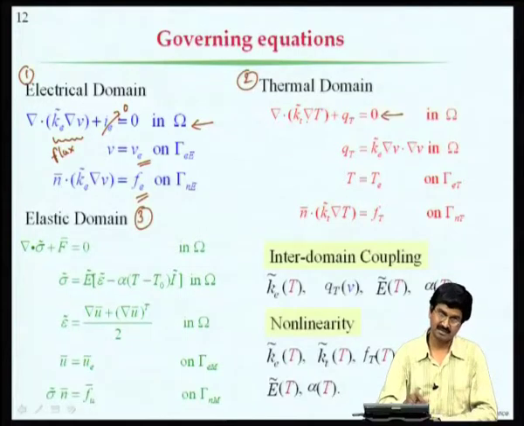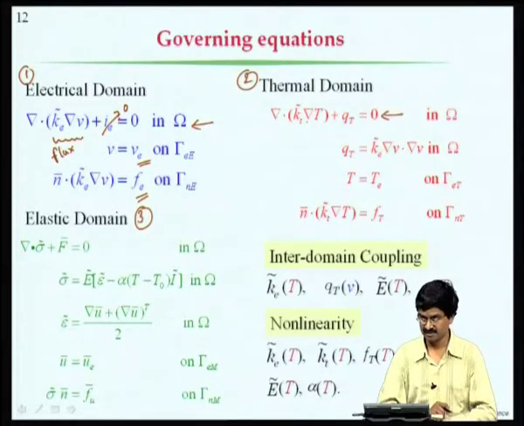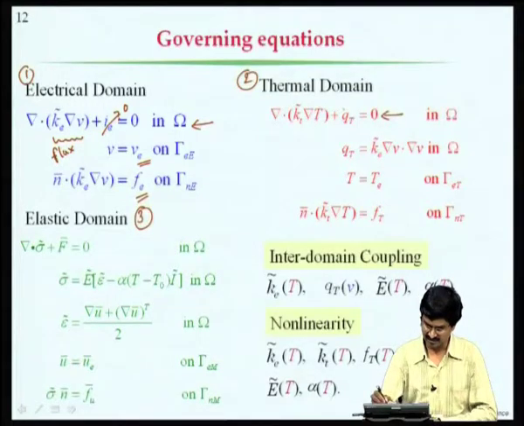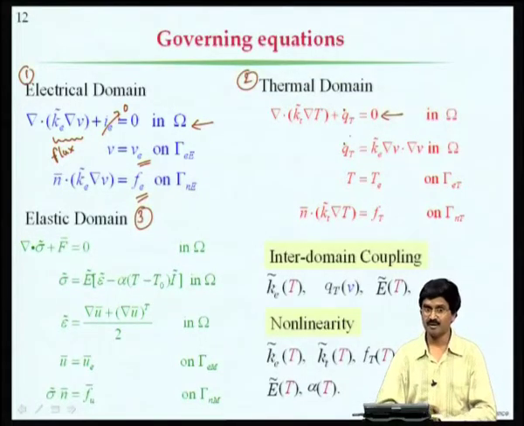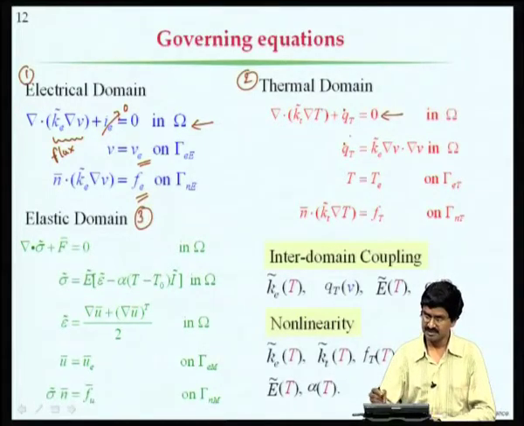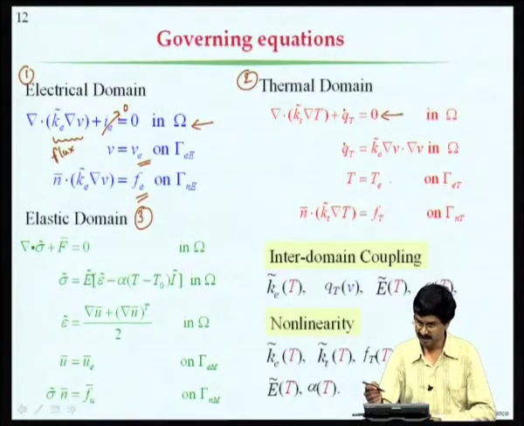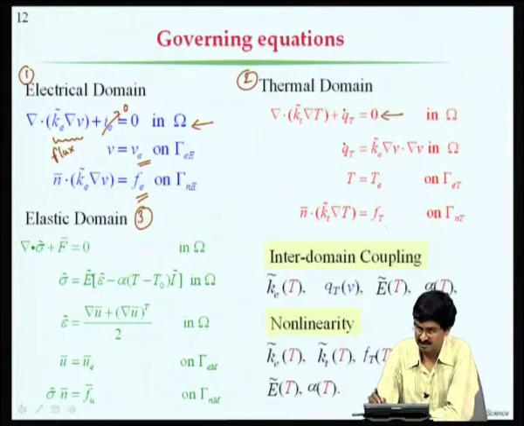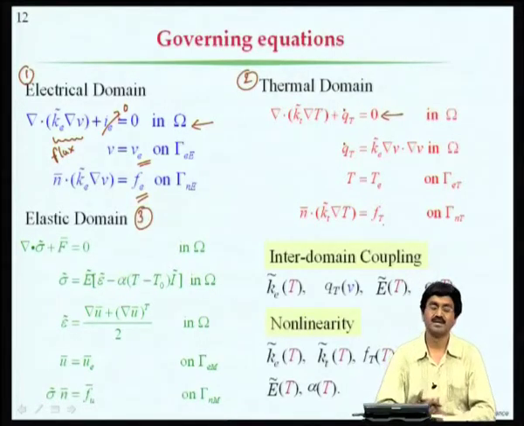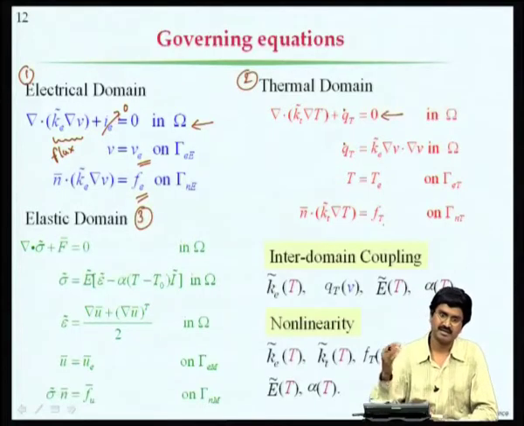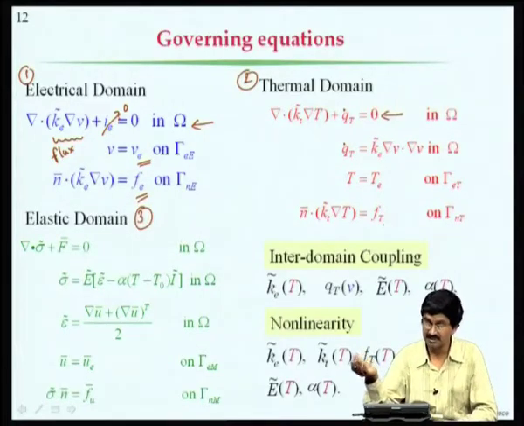K_E is electrical conductivity, K_T is thermal conductivity, and then Q, or Q dot one can say, because the units of that will be power, and that Q dot is K_E times del V dot del V. This is the Joule heating, and then T equal to a temperature that is specified on part of the boundary, and on another part you may have thermal flux that is shown here. Thermal flux can be convection or radiation, where heat goes out. If the ambient is hotter, heat can come in also.